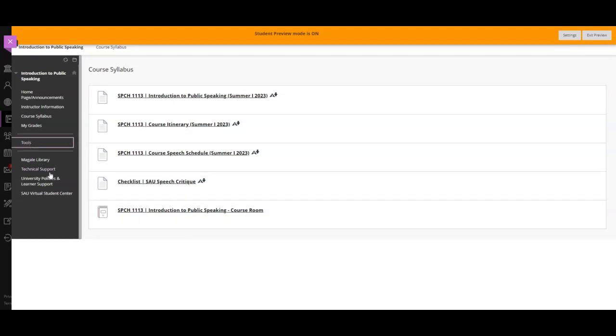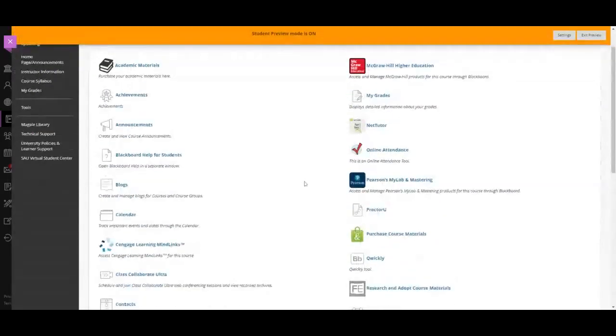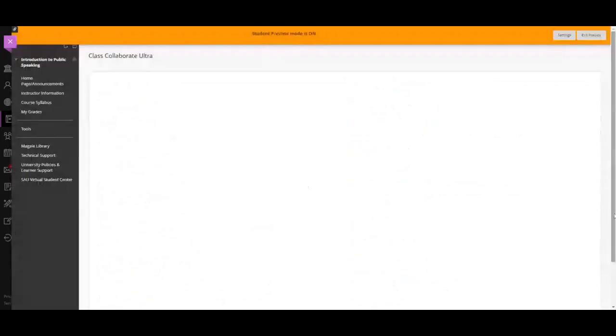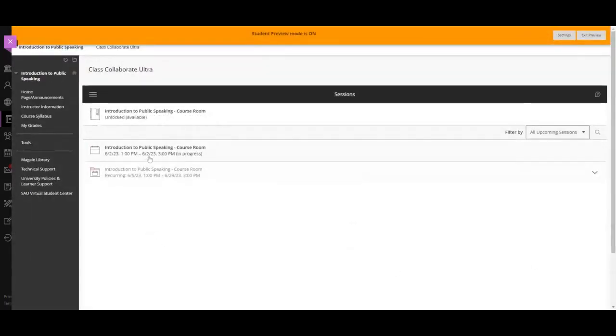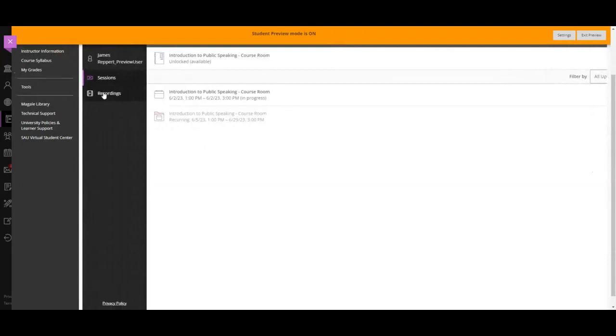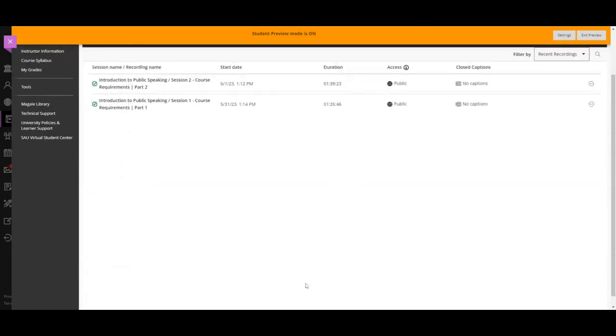But for your benefit, in the tools category, Class Collaborate Ultra, you'll notice here on the bottom, we've already got stuff set up for next week with joining us live. However, at the menu, go to recordings, and usually within no more than 30 minutes after the end of this recording session, the third session should pop up on the screen.